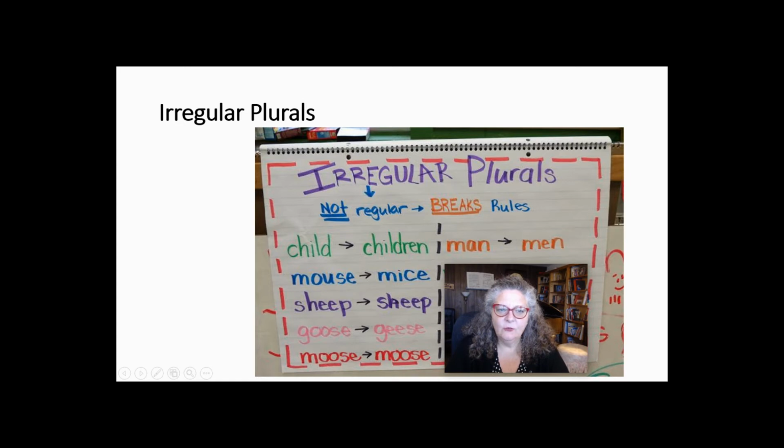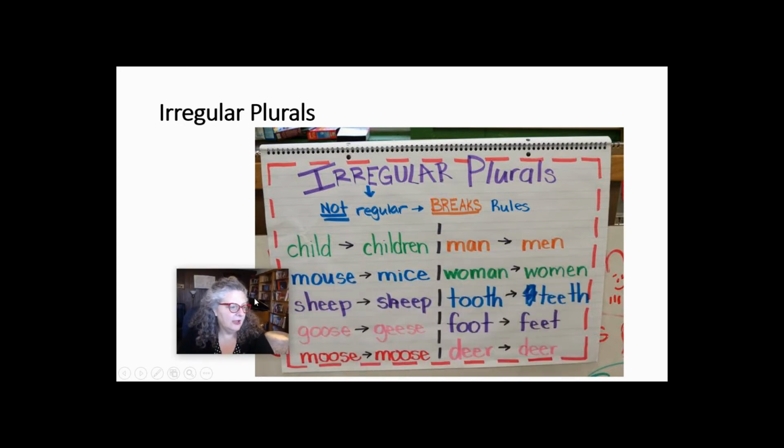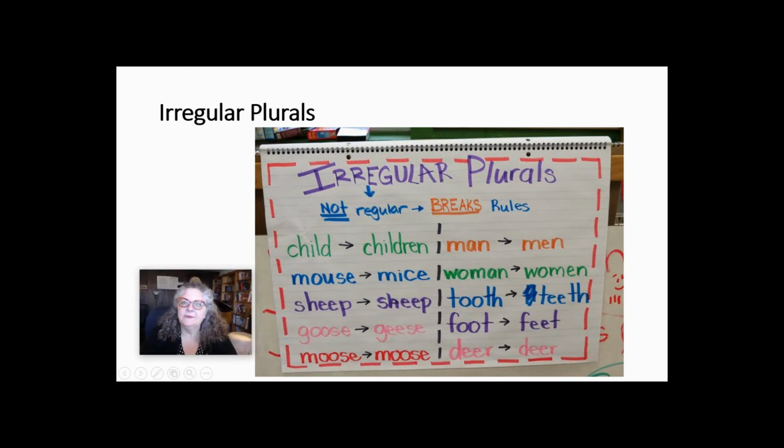All right, we are going to talk in a little bit about how we make words past tense or plural or add ing. But one of the things kids are learning is this idea of irregular plurals. A lot of times when we have a word, we add s, the inflected ending s, to show that there's more than one.